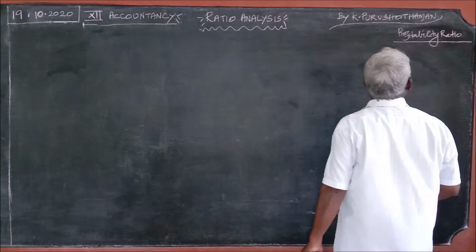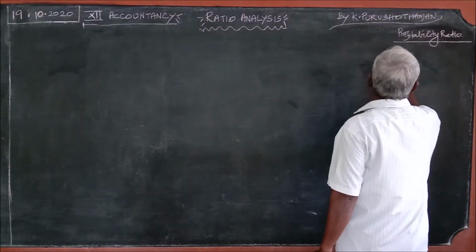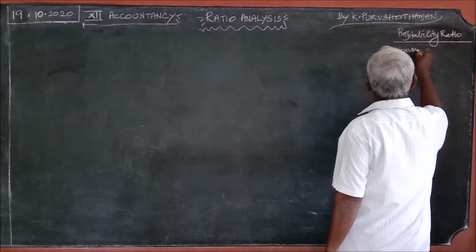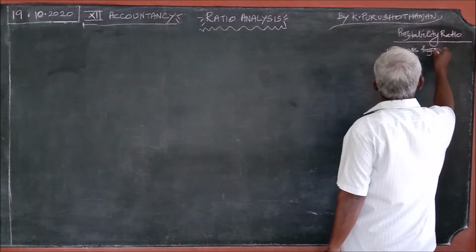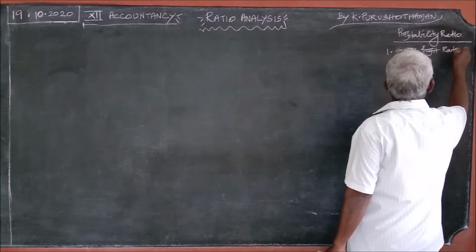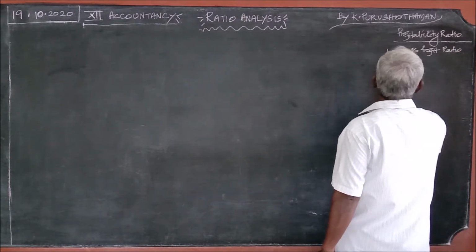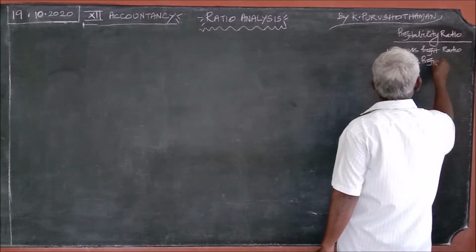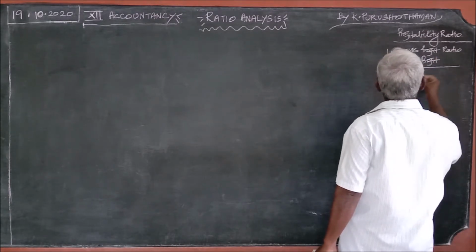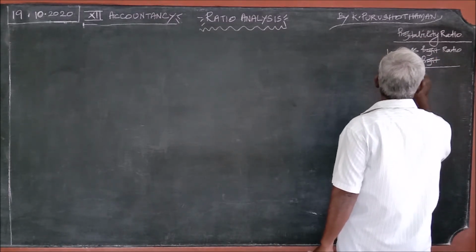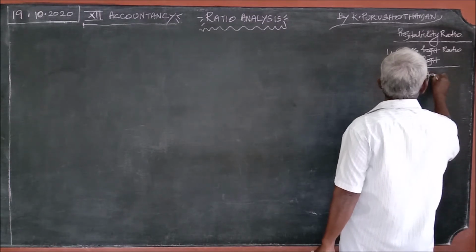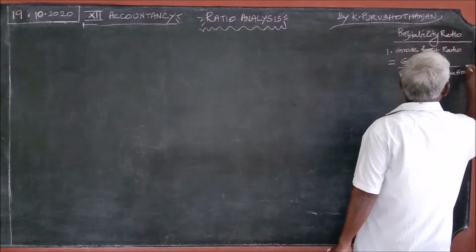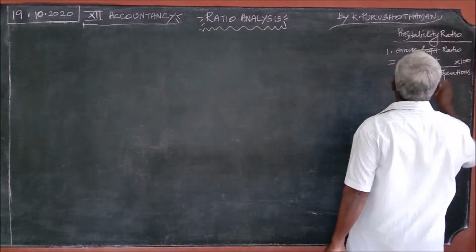Profitability ratio, under which we have seen so far, gross profit ratio is equal to gross profit by revenue from operations into 100.